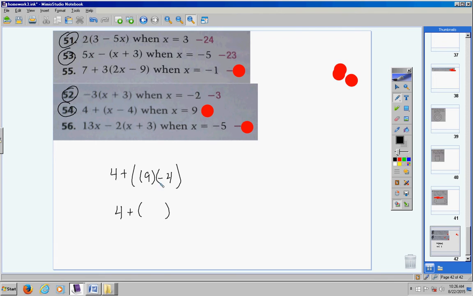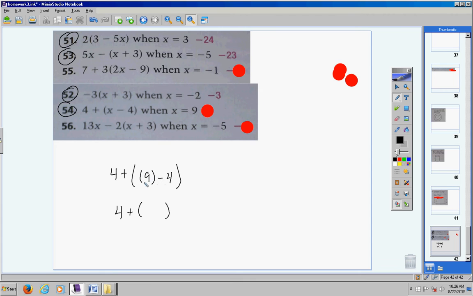If it looked like this, they would be multiplying because you would have 2 parentheses side by side. But we don't have that, okay? Now if the negative 4 was over here like this, negative 4 and then 9, that's multiplication because the negative 4 and the 9 are side by side. But we have a negative sign here in between them. So we have a positive 9 and a negative 4.